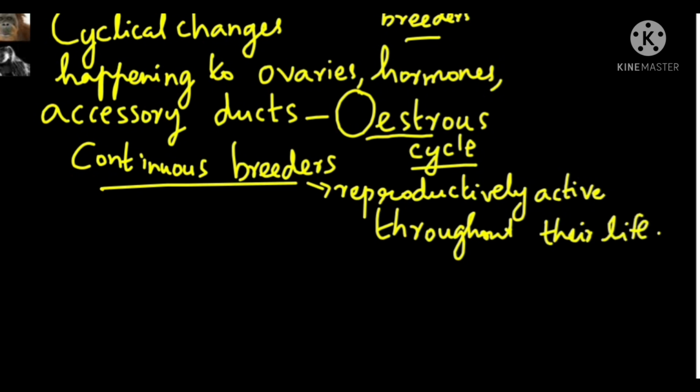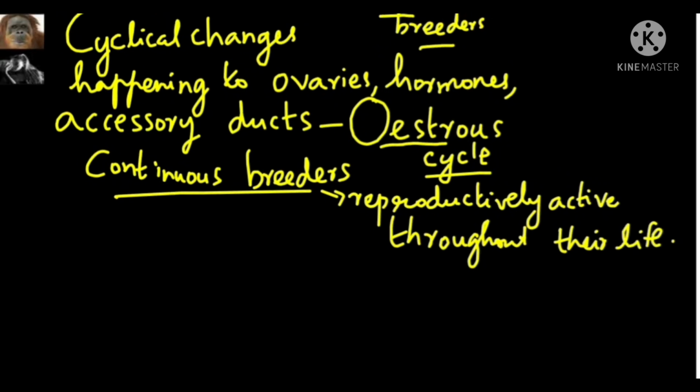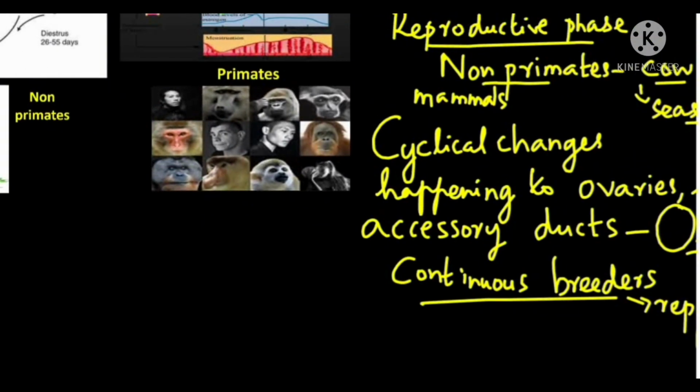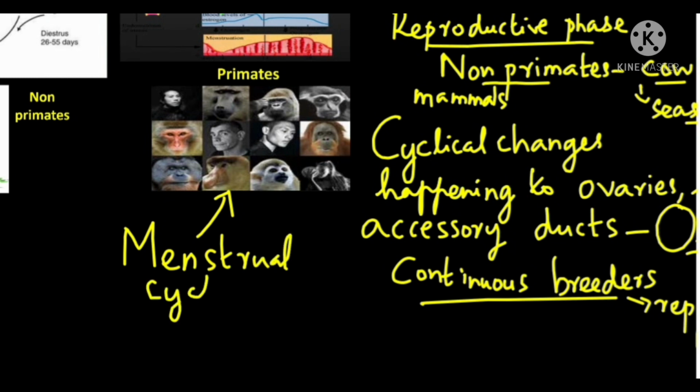So the cyclical changes that happen to the ovaries, hormones and accessory ducts of female primates, that cyclical change is called menstrual cycle. It is called menstrual cycle. The cycle repeats every month and they are continuously reproducing animals.